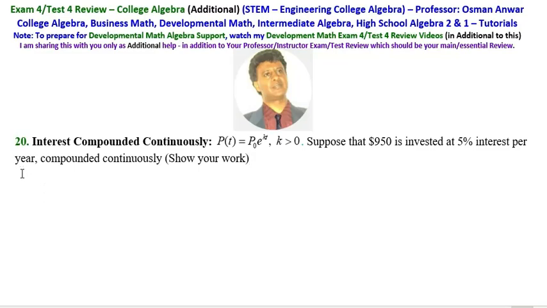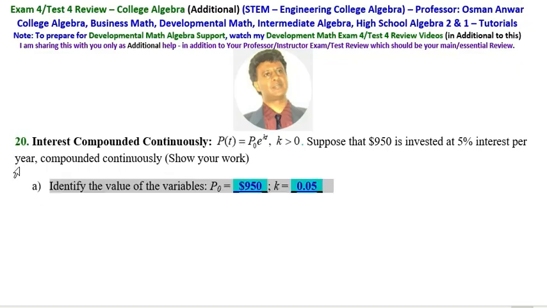The concept is the same, except over there population grows, here it is money growth. And this is the same as we have seen in number 5. So in number 5, the 950 was growing quarterly, which is 4 times a year. Here it is going to grow continuously, and that is why it's P of t equals P naught e to the kt.